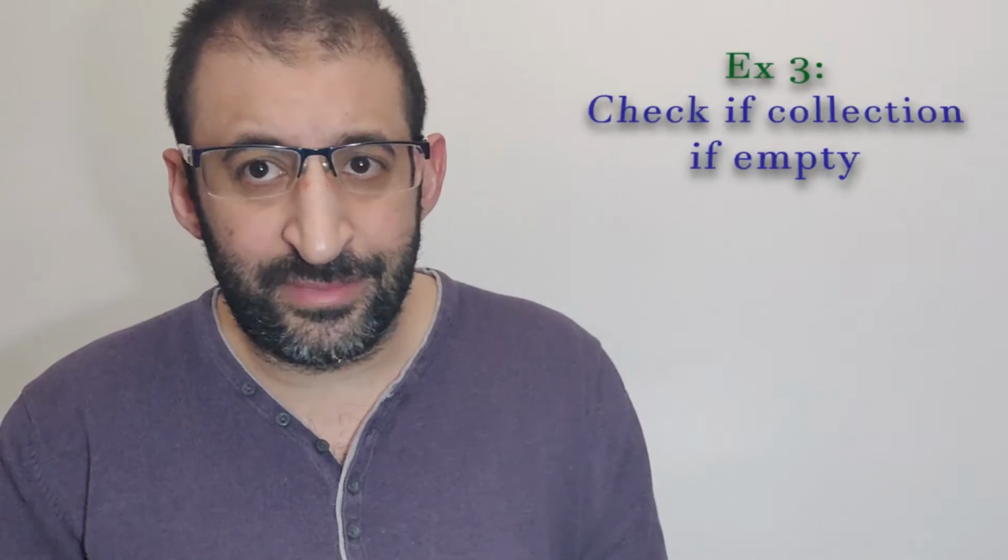Let's see now the next example. Now what I want to do for this third example is check with a collection. It's possible, yes, you can do what you want: if the collection contains a certain element, if it is empty or not, etc. So we just check here if my collection is empty or not.